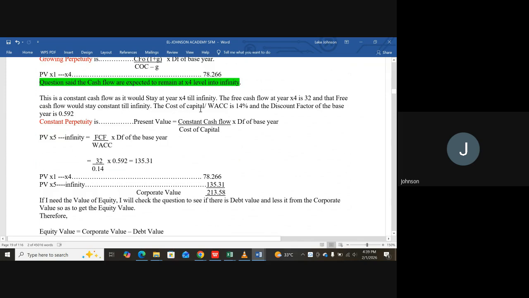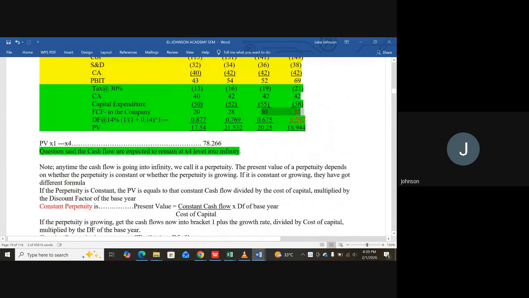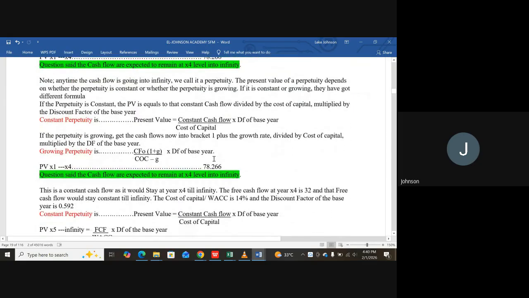The cost of capital, the weighted average cost of capital, is actually 14% according to the question. And the discount factor of the base year is the discount factor that we used to discount this cash flow in the first place, which is 0.592. So that is what we use.